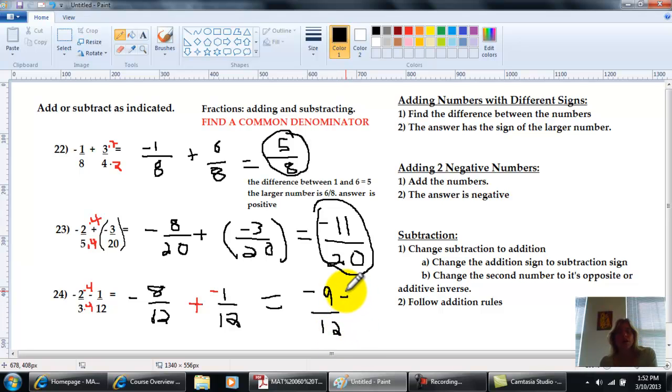If you divide the top by 3 and divide the bottom by 3, because they are both divisible by 3, you get 3 over 4, but remember it's negative. So you have a negative, which is looking pretty scary there. A negative 3/4 is the answer to number 24.